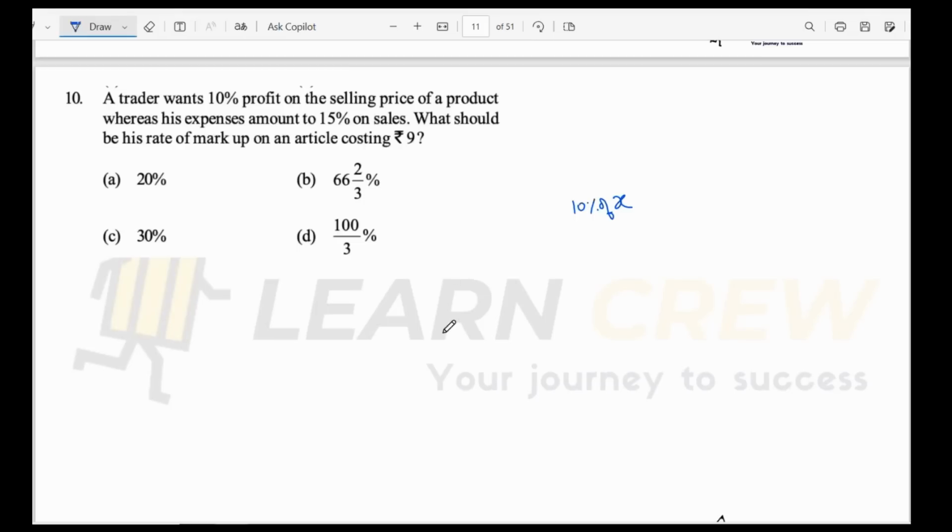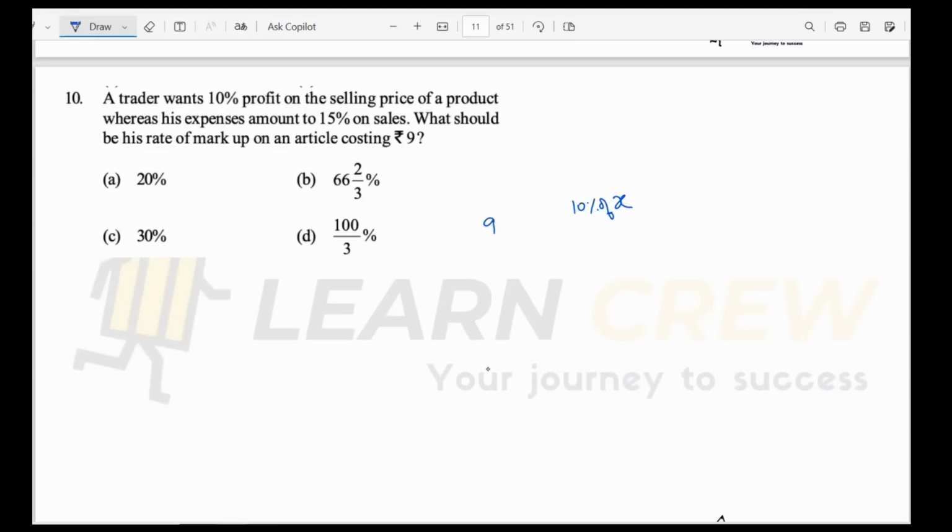His cost price is given as 9 rupees. Please understand here: his cost price, his buying price, plus his expenses, plus profit is the selling price. He buys, then he has some expenses, and after that he sells with profit. Yes or no? So here the cost price is 9.